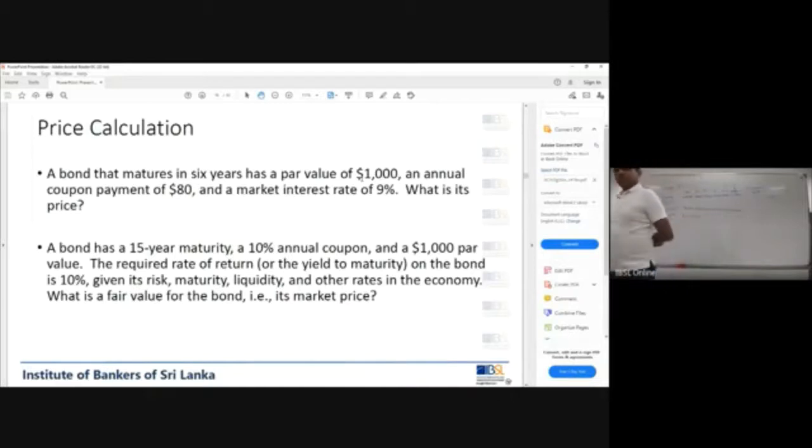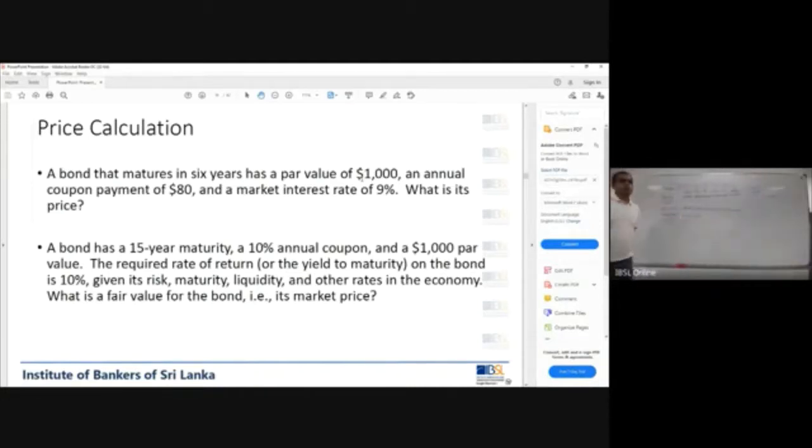Given its risk, maturity, liquidity, and other rates in the economy, what is the fair value for the bond? For the market price of this bond?